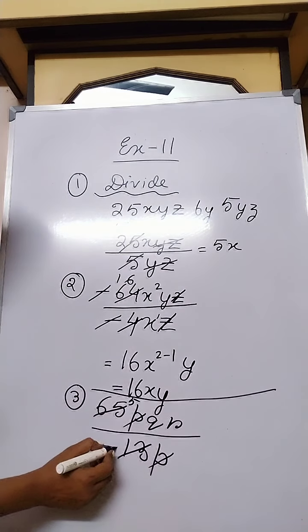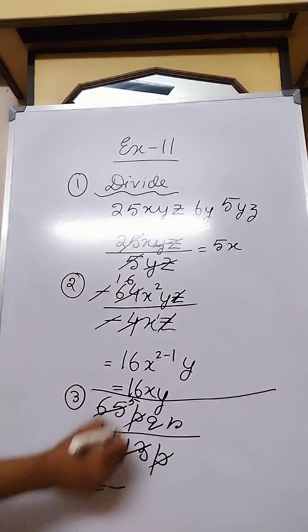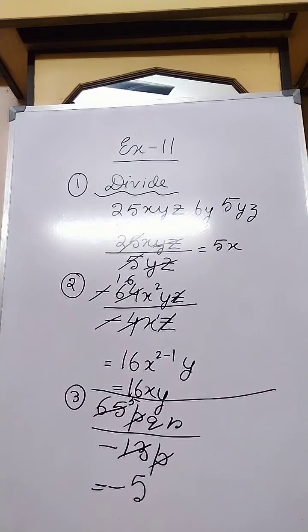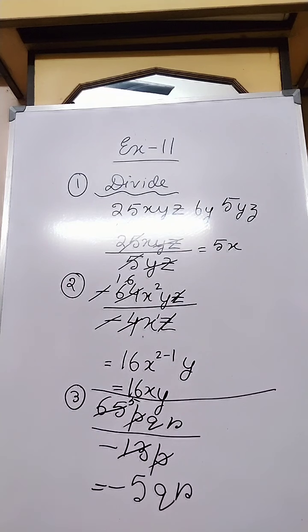So minus is remaining, so we will write minus. 5 is coming, so minus 5 you will write. P and P are getting cancelled, so QR you will write. Minus 5QR will be the answer of sum number 3.